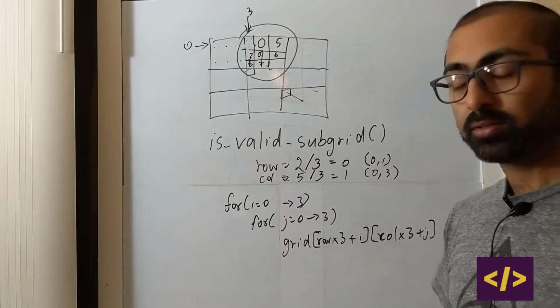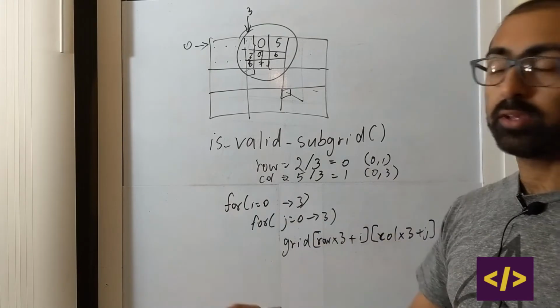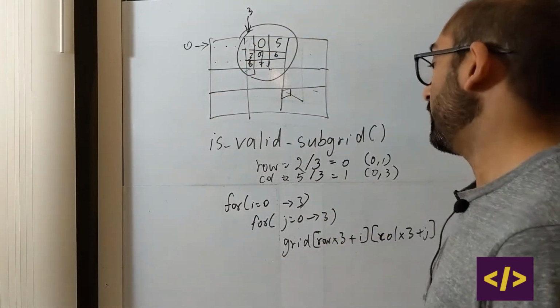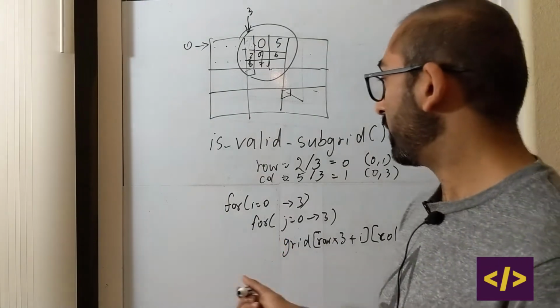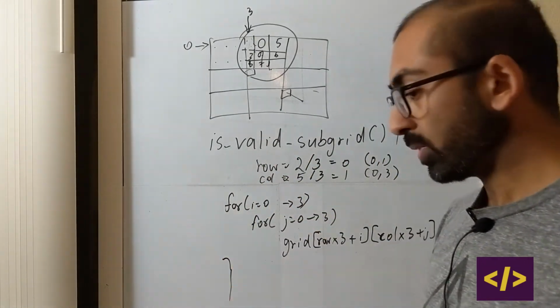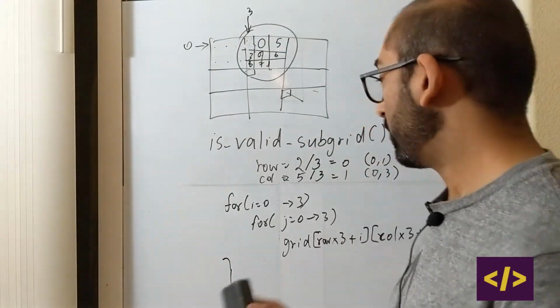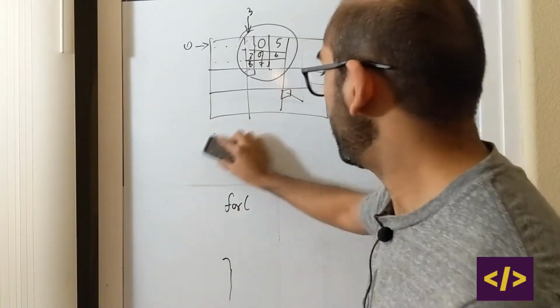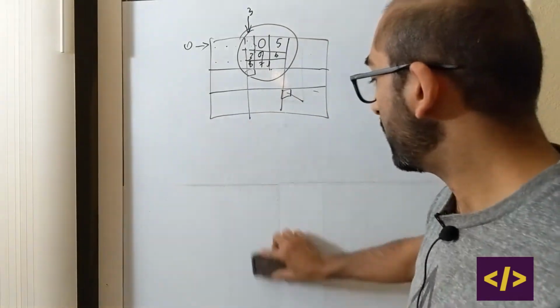So by using this, you compare it to the value and you will basically iterate through every element in that. So using that is valid subgrid, you can find out if a particular value is in a subgrid or not. Okay.